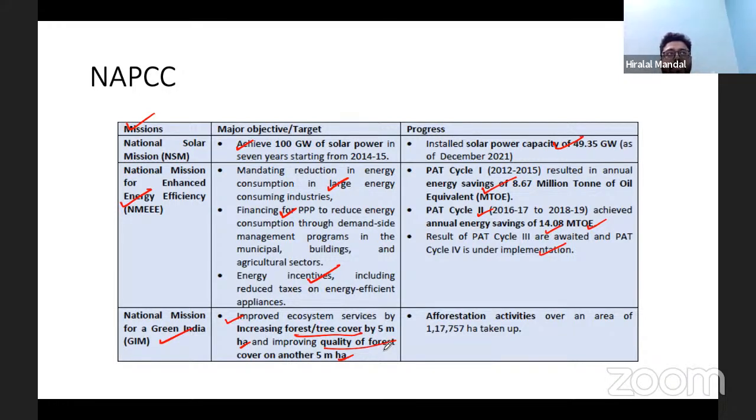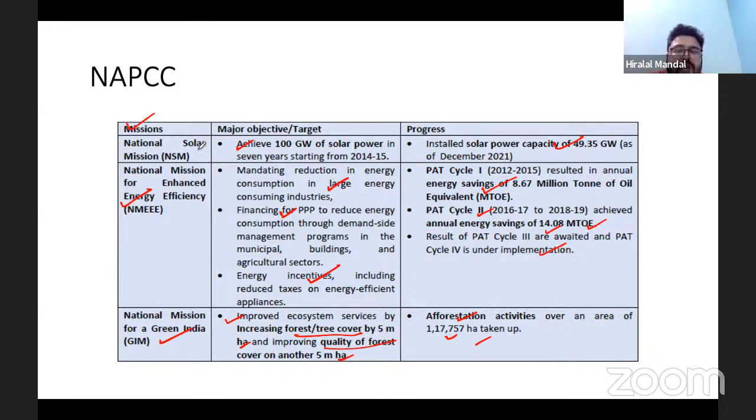The result of it can be seen in terms of afforestation. We could achieve the target of 1,17,757 hectares. It's a mammoth task we have taken up, and we hope to be able to achieve it in a few years.